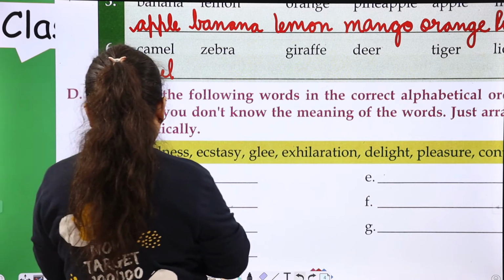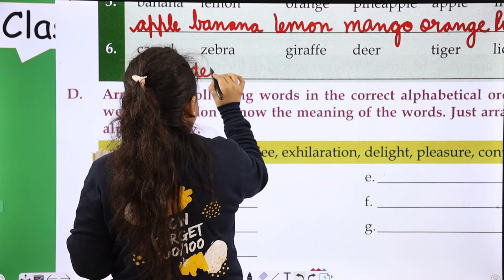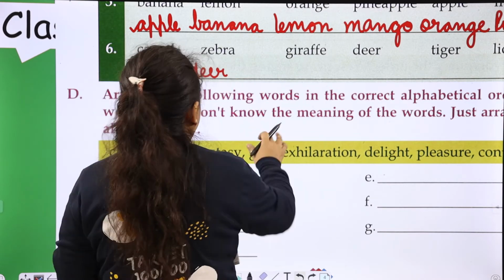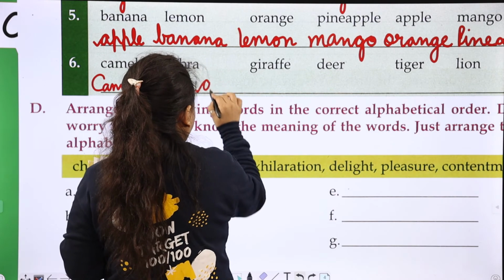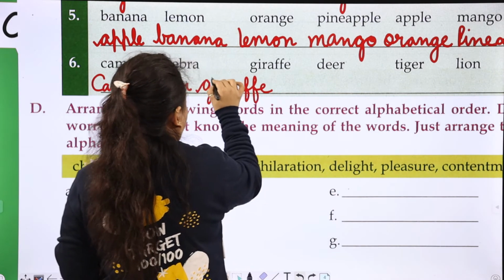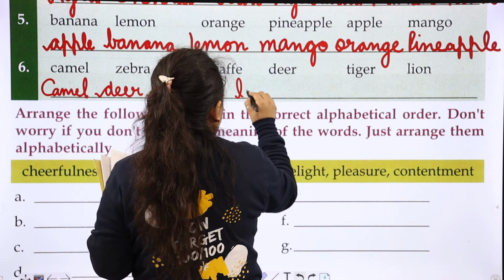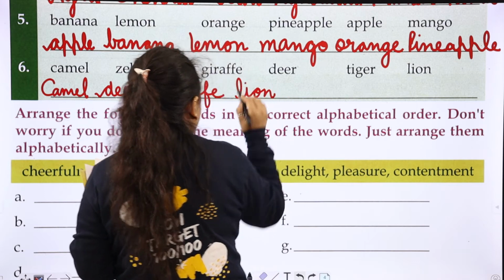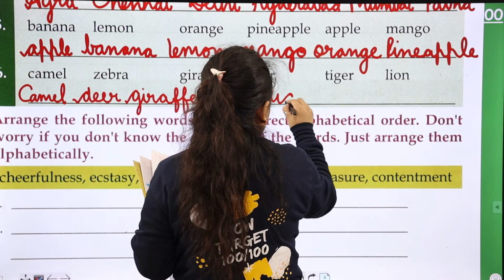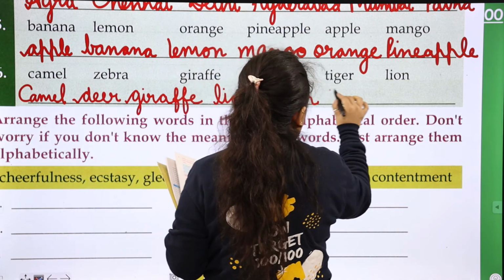So after camel, next is D, deer, E, F, G, giraffe, lion, tiger, and the last one is zebra.